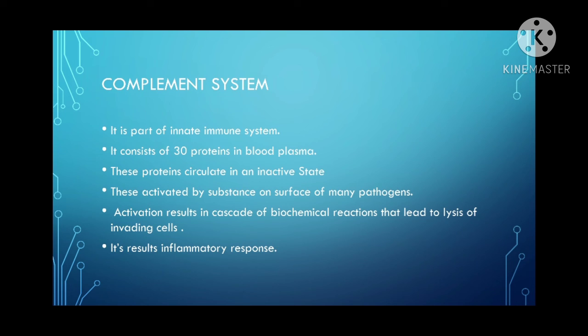Okay, they are activated by substances on the surface of many pathogens. Activation results in a cascade of biochemical reactions that leads to lysis of the invading cell, and it also exhibits inflammatory responses. Okay, these are all the things about the innate immune system in vertebrates.